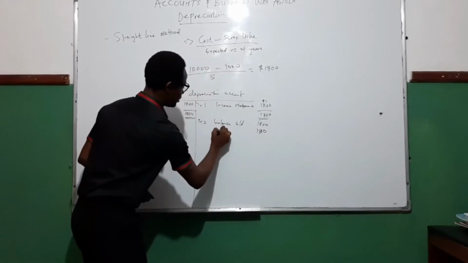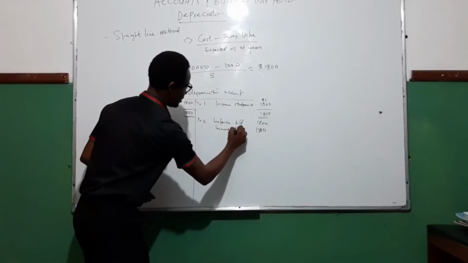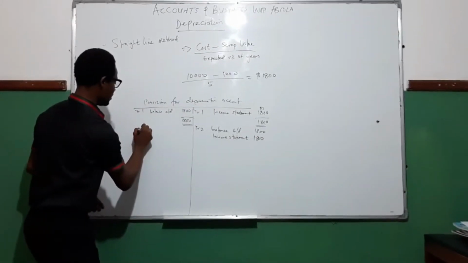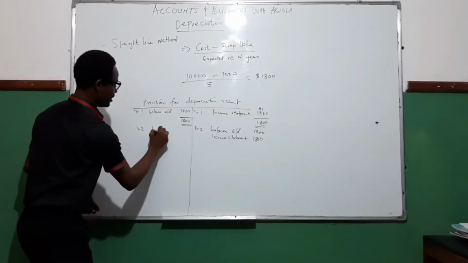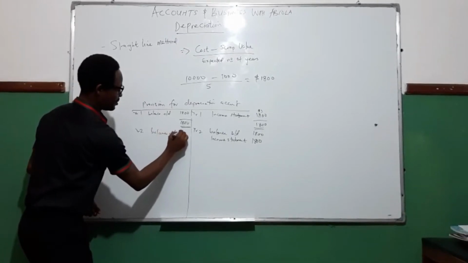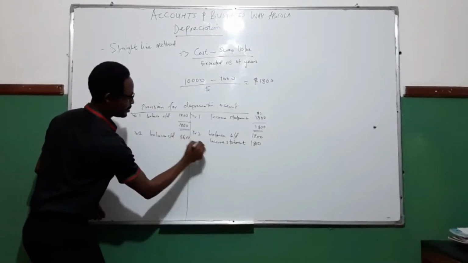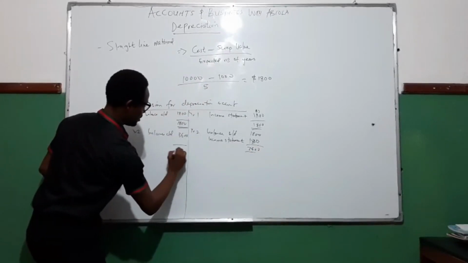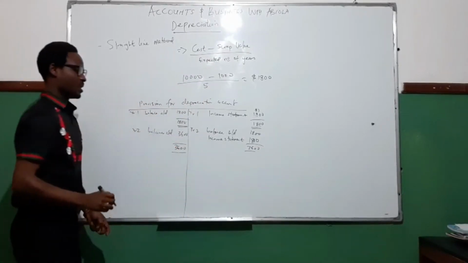That will be charged to income statement. So year 2 here, balance carried down will be 3,600, as this is the total that we have here.